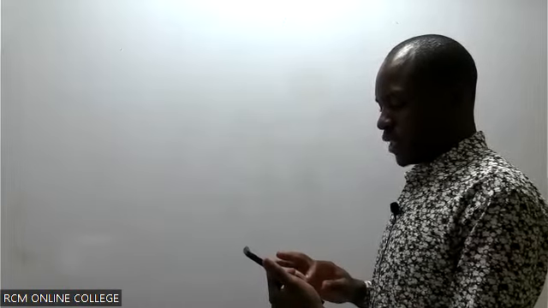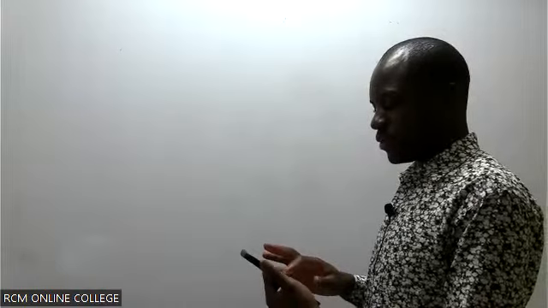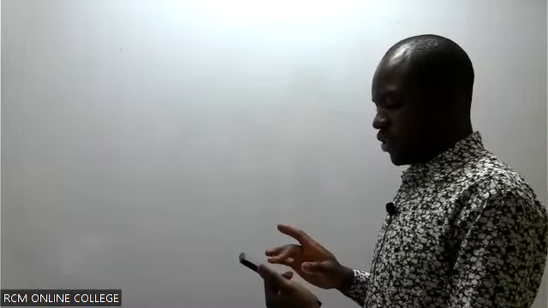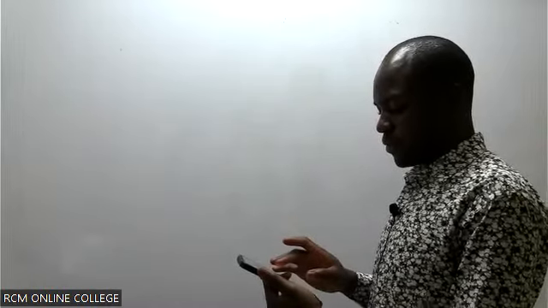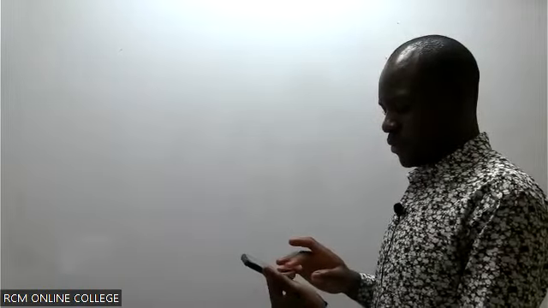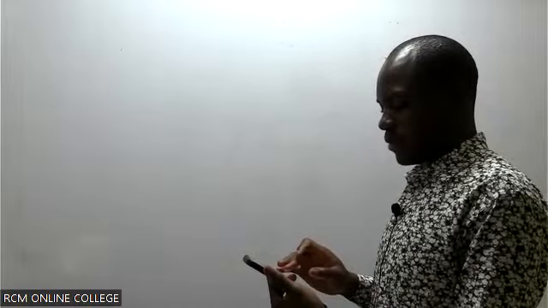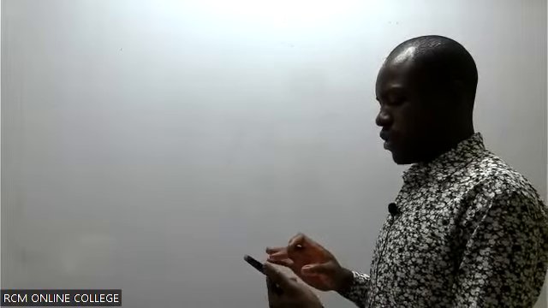So let's go to that particular question very fast. I believe all of us have got that cut paper. No one is joining us for the first time. Tuko pamoja.